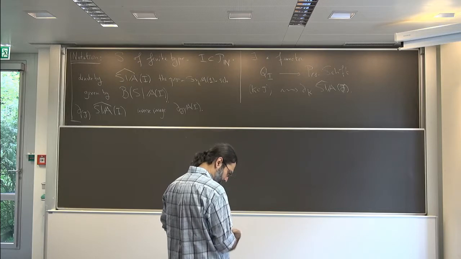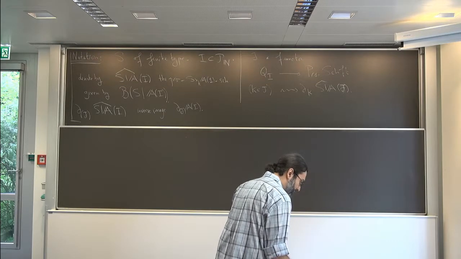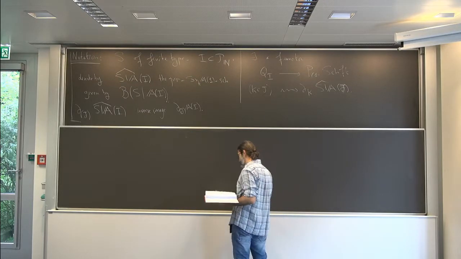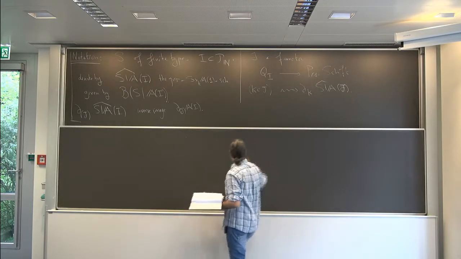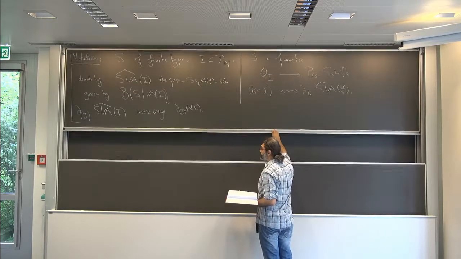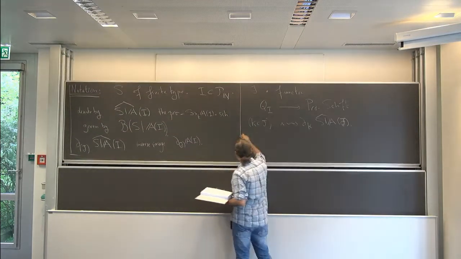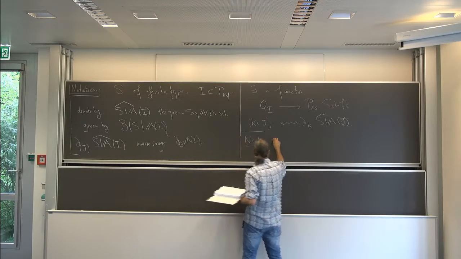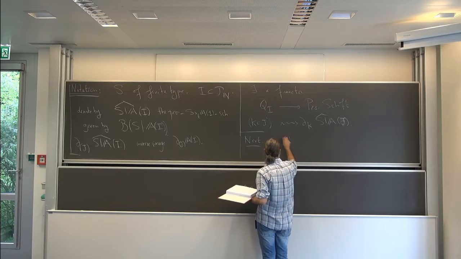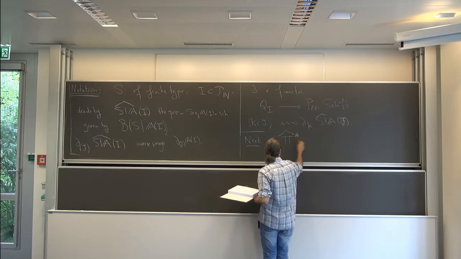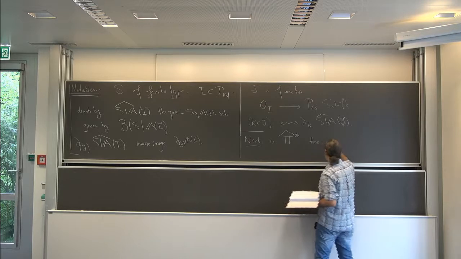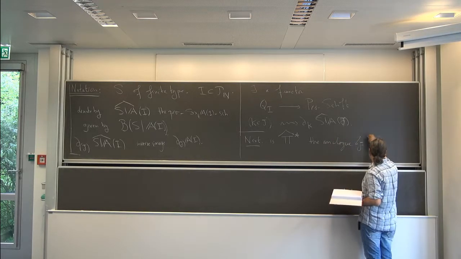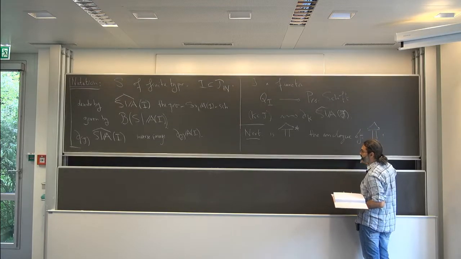All right, so now I can do the analogous construction of this pi hat. The next goal is to construct this pi star, which is the analog of pi hat that you have seen before.